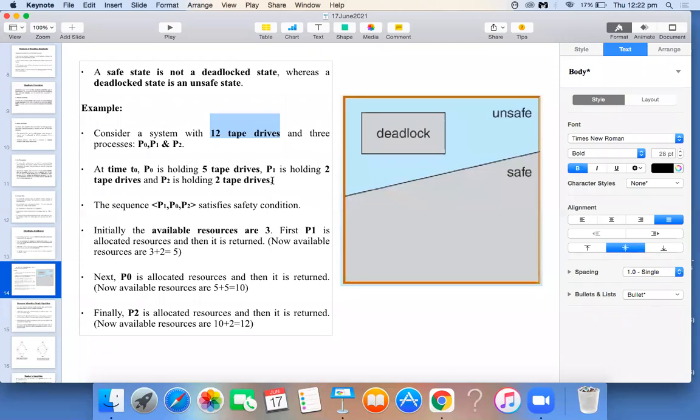So how many resources are allocated now? 5 plus 2 plus 2. How much is it? 9 tape drives.